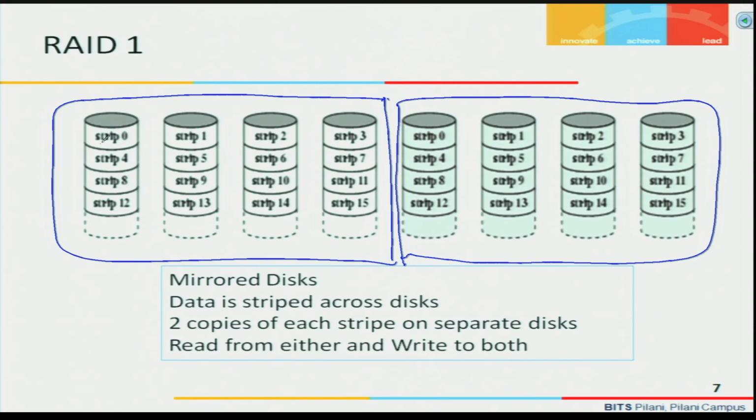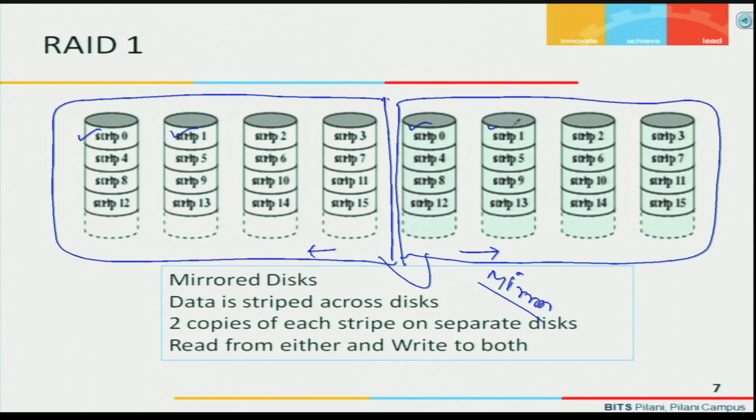Data is again in the form of strips, distributed across the disks. So, it is mirrored, 2 mirrors are there, the same set of disks on this side and on that side. For each data there are 2 copies: strip 0 has 2 copies, strip 1 has 2 copies.